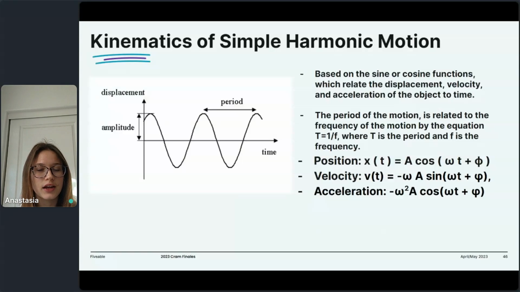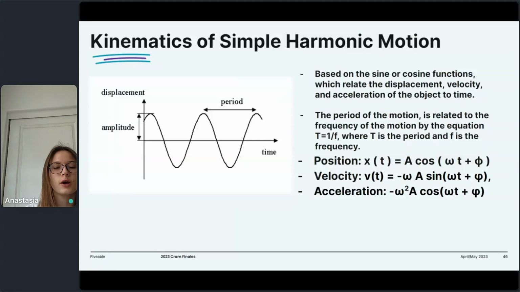So the kinematics of simple harmonic motion are based on the sine or cosine functions, which relate the displacement, velocity, and acceleration of the object to time.